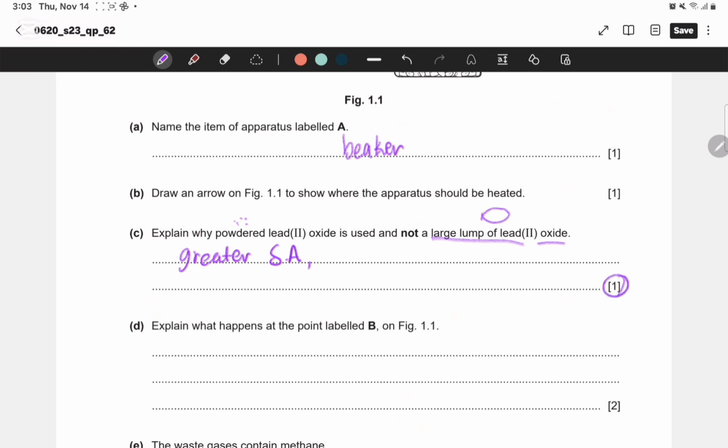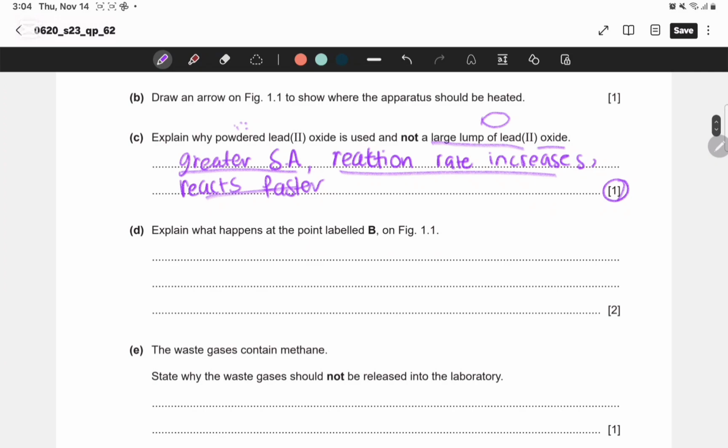So you can say greater surface area, or you can say reaction rate increases, or you can say react faster. Okay? You can say all of them, that's fine, but you're not going to get any extra marks, just one mark. So you either say greater surface area, reaction rate increases, or reacts faster. Okay? All of them are correct.